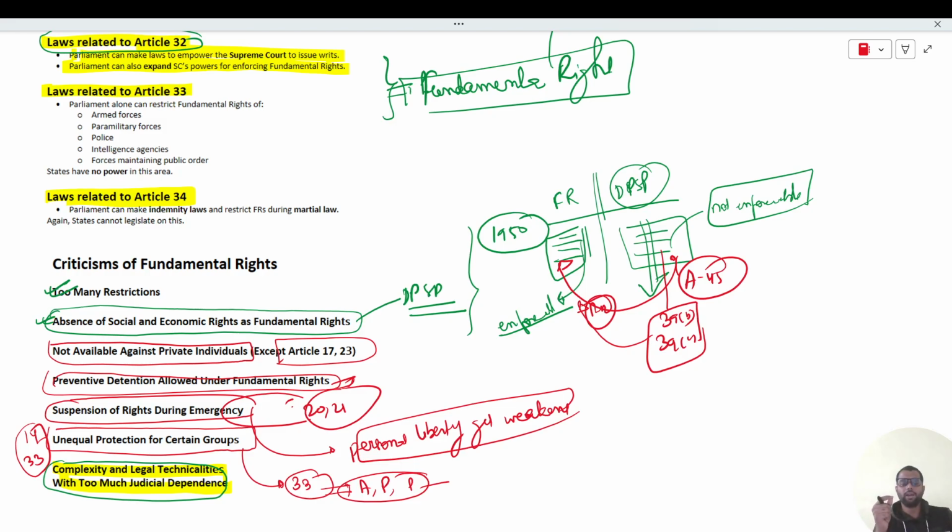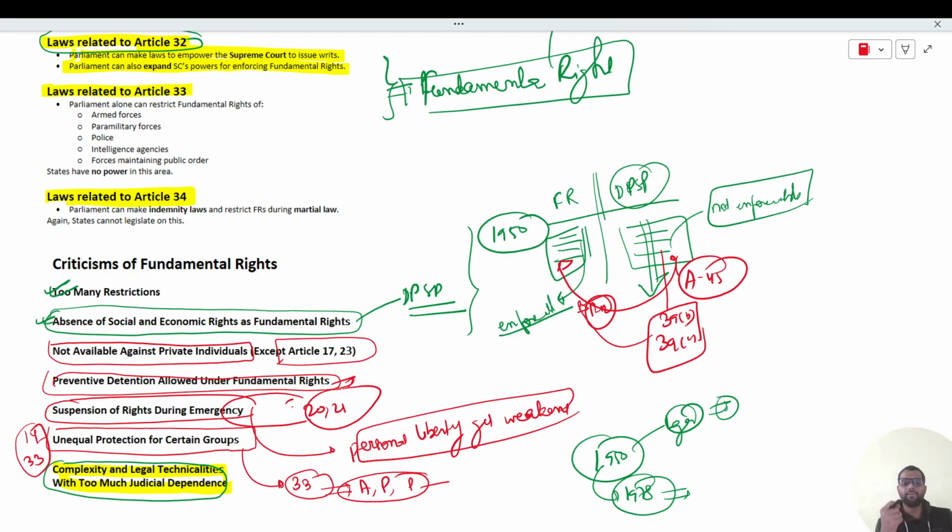When we talk about the procedure established by law, we have seen that in the 1950 Gopalan case, they said that the restriction is not on the legislature; it is only on the executive, to ensure that the proper procedure established by law is followed. Then in Maneka Gandhi versus Union of India, it says that no, the procedure established by law does not allow the legislature to pass any law.